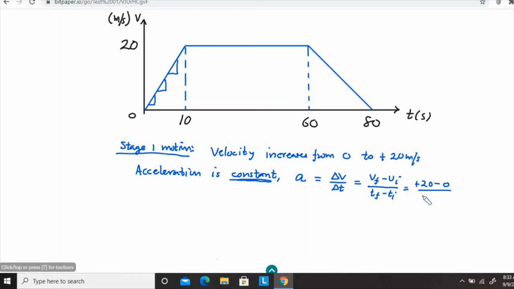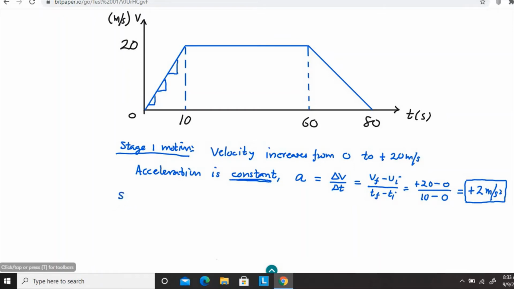Plus 20 meters per second happens at 10 seconds, and the starting point is 0 time. So then you can see this is plus 2 meters per second squared. That's the answer, the acceleration for the first stage of motion. And the plus sign tells you that it's in the same direction as the velocity.